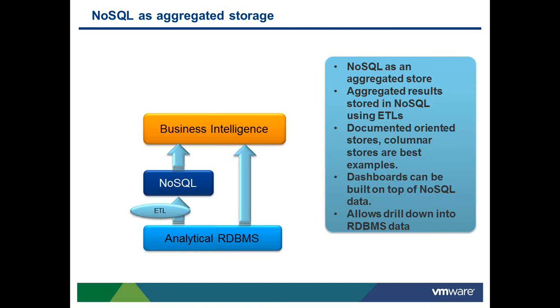Even the aggregates can be denormalized before they are put into NoSQL, and the raw or transactional data can also be directly connected to a business intelligence application. So the dashboards can sit on top of the NoSQL data, and drill-down reports can sit on top of the analytical DBMS, so that you can drill down from a dashboard to the reports.